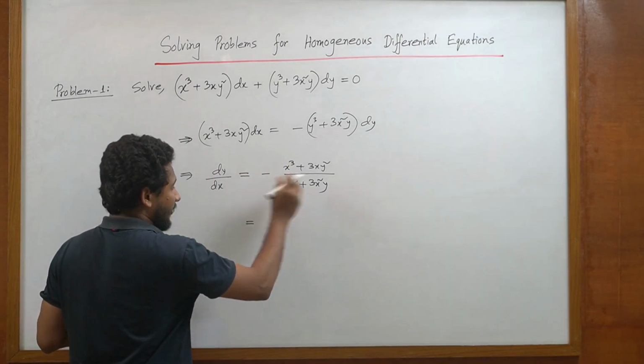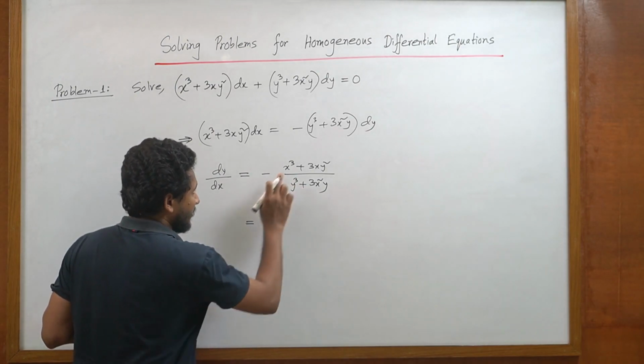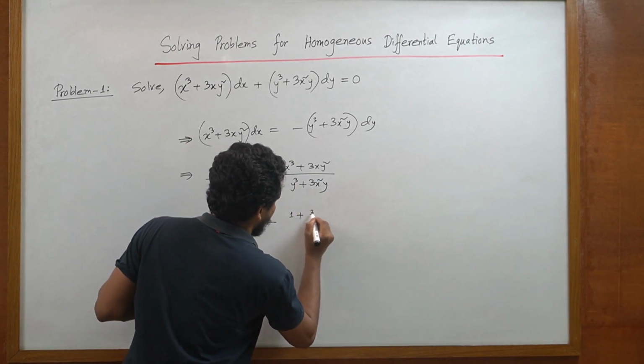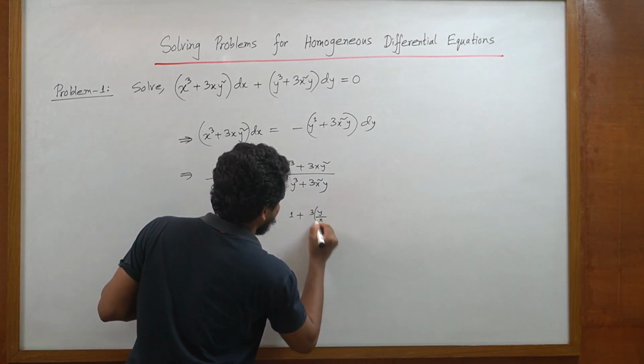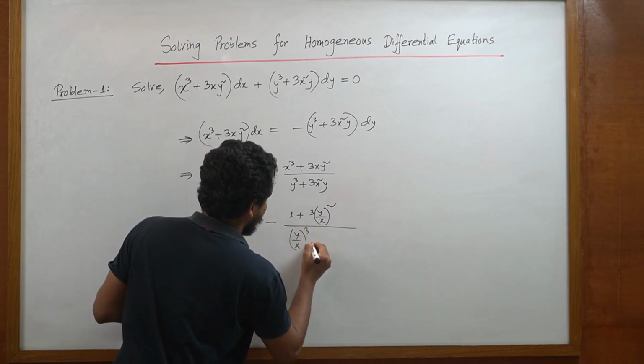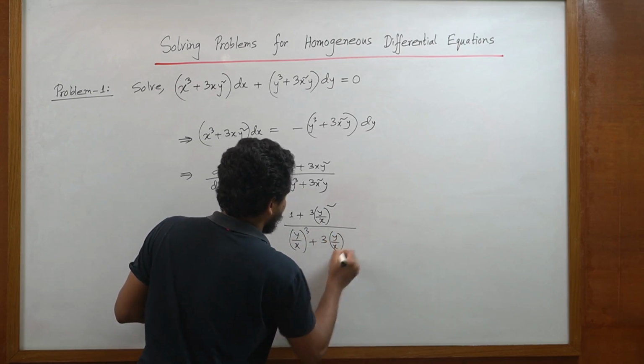So we will divide numerator and denominator by x³. So we will get −(1 + 3(y/x)²)/((y/x)³ + 3(y/x)).